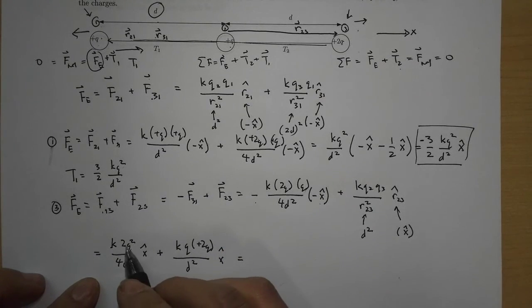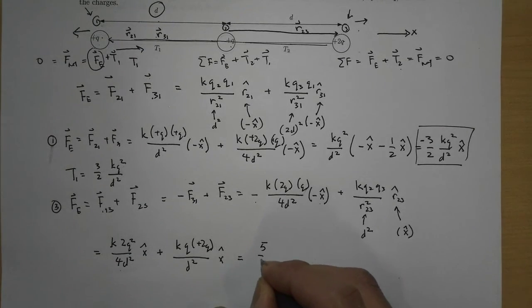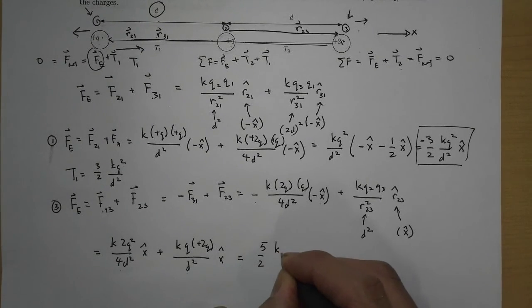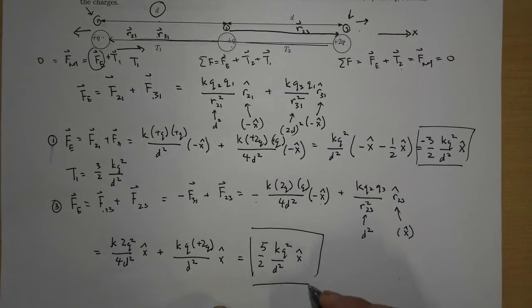And so we plug in, this is a 1/2, this is a 2, this is going to be a 5/2, so 5 over 2 k q squared over d squared in the x hat direction. And so that completes number 2. All right, I hope that was helpful. Just got to break down the problem into its constituent parts, and then you're done.